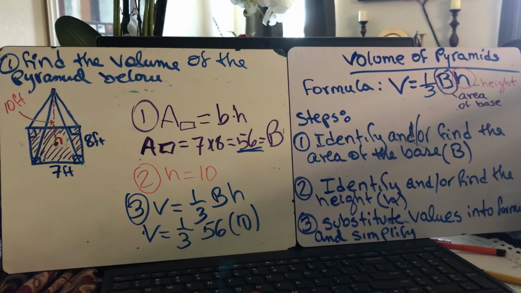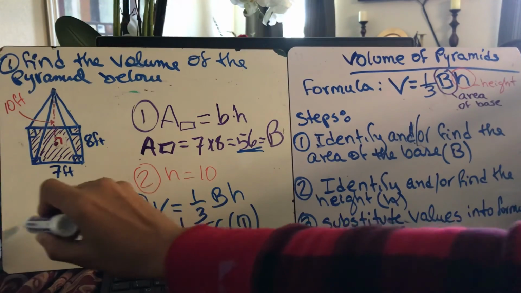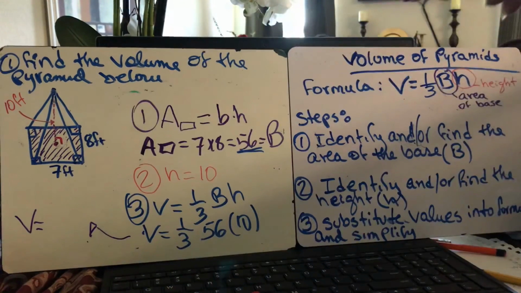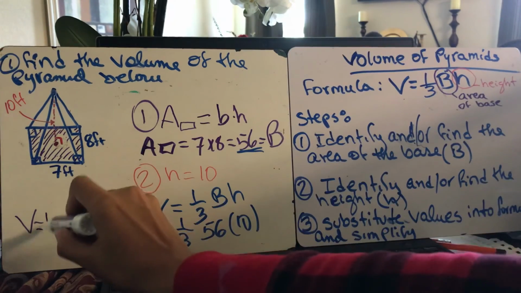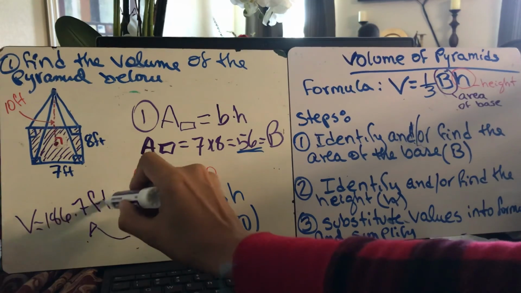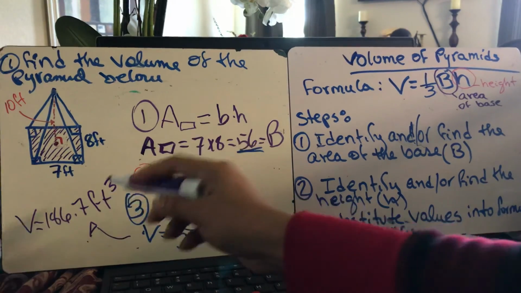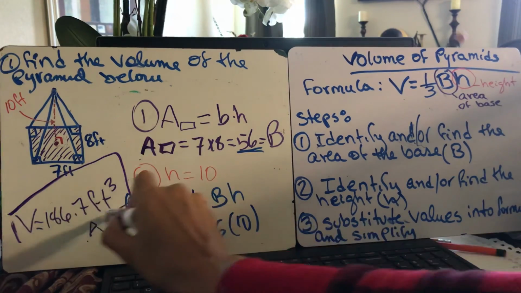I have 56 times 10, and that is 560, and I divide that by 3. That is approximately, I'll put it over here. V equals approximately 186.7 to the 3rd power. Don't forget that the units is to the 3rd power with volume. And this is my answer.